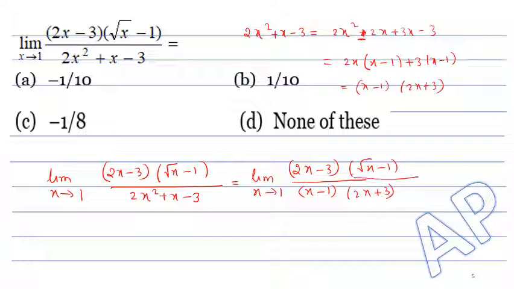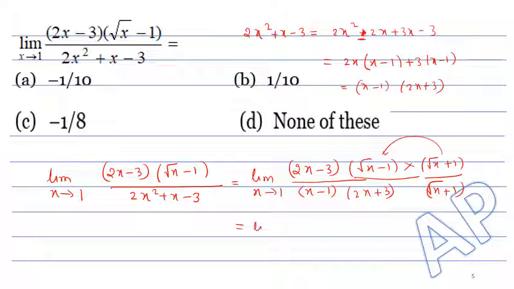Next, I will multiply by the conjugate of root x minus 1, that is root x plus 1 divided by root x plus 1. We know that root x into root x is x, and minus into minus gives x minus 1.